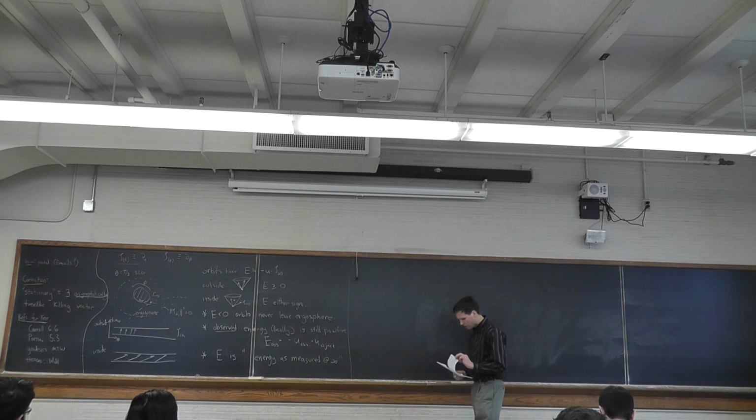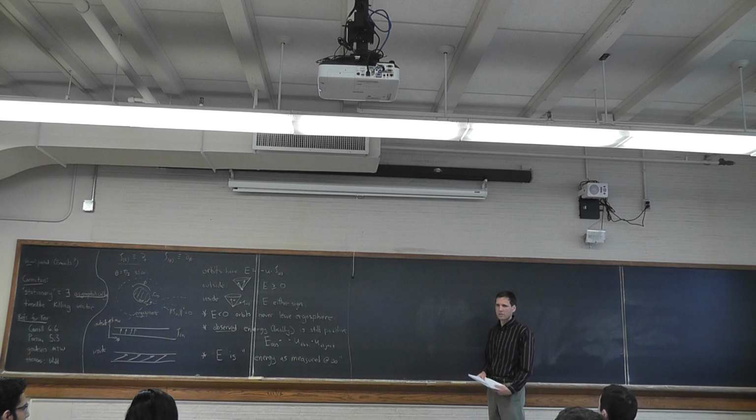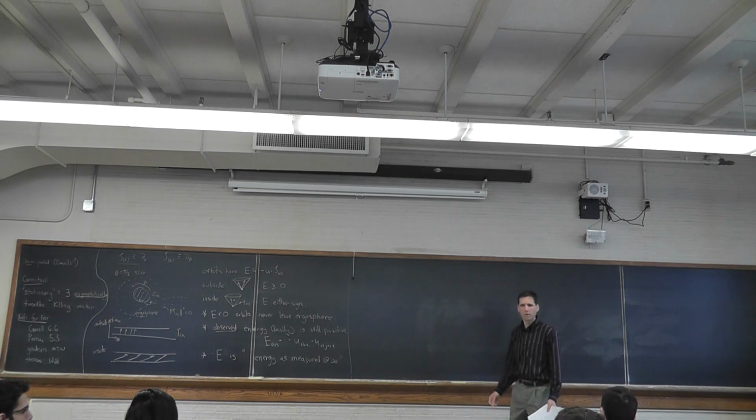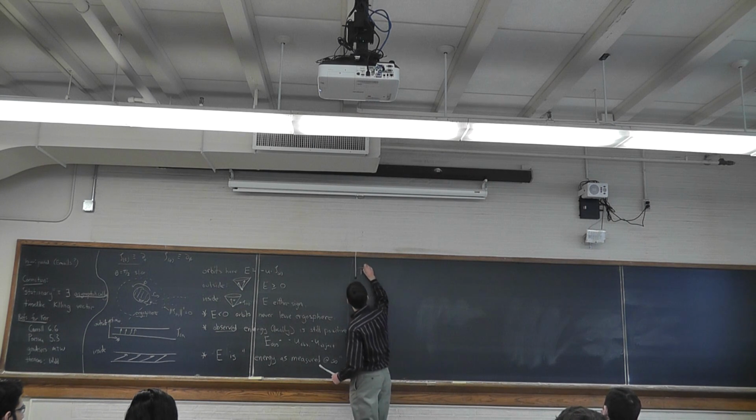Okay, so for the next little while, we're going to turn to some formal properties of the Kerr spacetime, and then we're going to come back to the phenomena you can get from the fact that you have negative energy. But we're going to start with the properties of the event horizon.